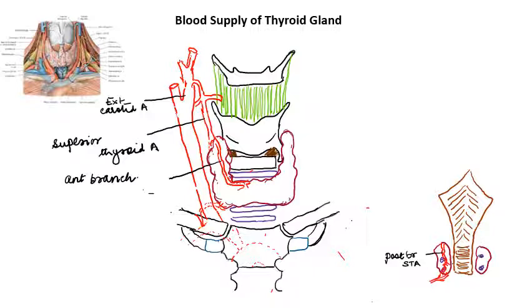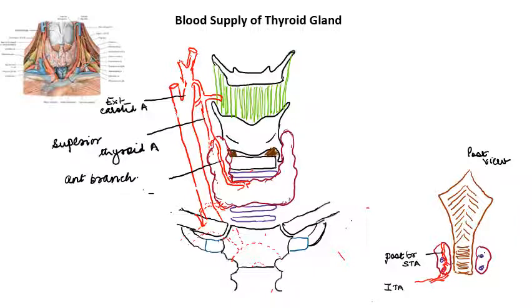So this is the inferior thyroid artery and its two branches. This is the posterior view.